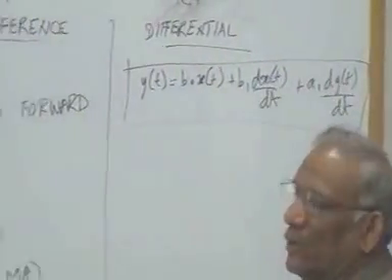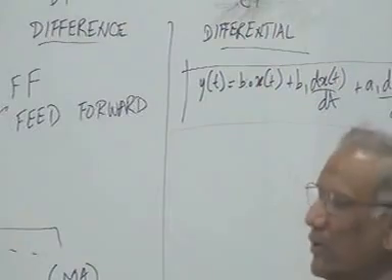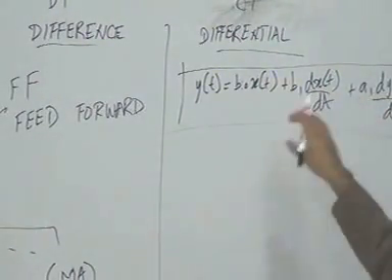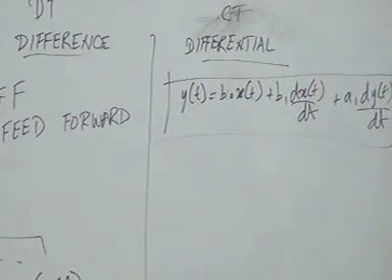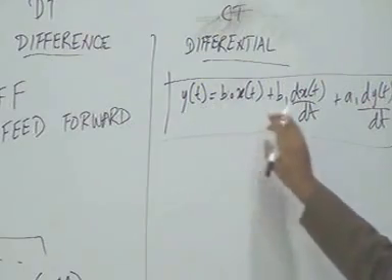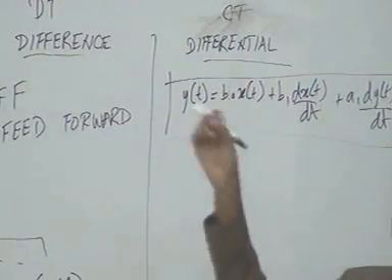Now in your mathematics you have studied differential equations, and we say that the order of this differential equation is the highest order of differential. In this it has zero order differential or no differential. This is the first order differential. If we had higher order, it will be d square x(t) by dt square.